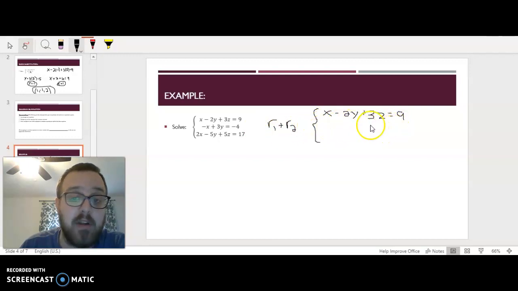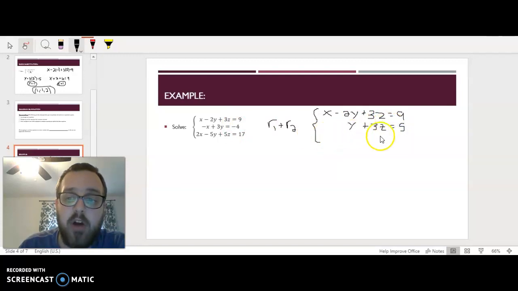That's one of those row operations I'm allowed to do. So x and negative x make that disappear. Negative 2y and 3y will give me y. And then 3z and nothing will just be plus 3z. And then 9 and negative 4 will equal 5.